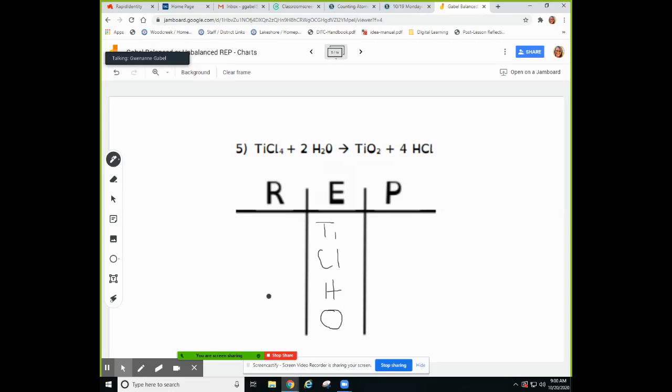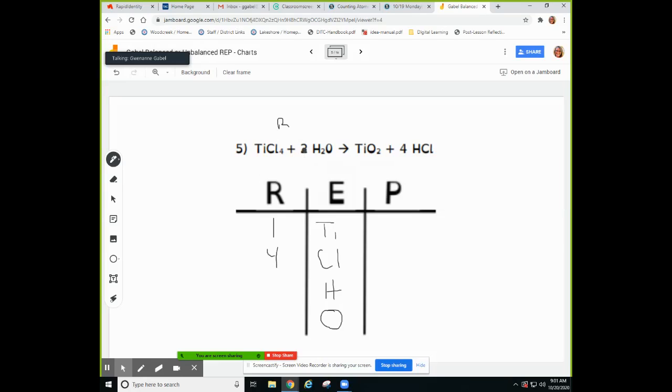Okay, now I'm going to determine the number of atoms for each element on my reactant side, which is the left side of the arrow. There's no coefficient and no subscript for Ti, so there's 1 atom. Chlorine has a subscript of 4, so there are 4 atoms.